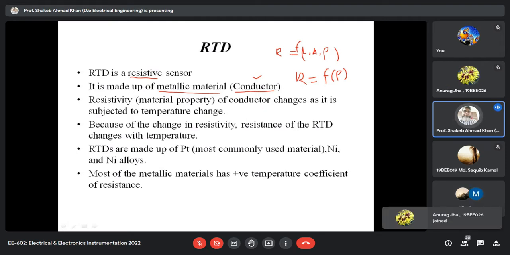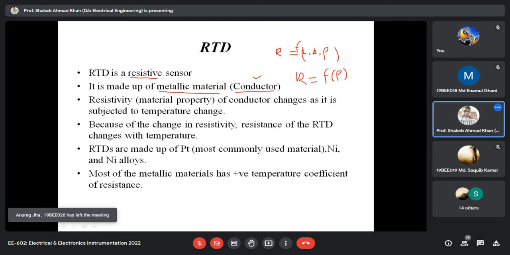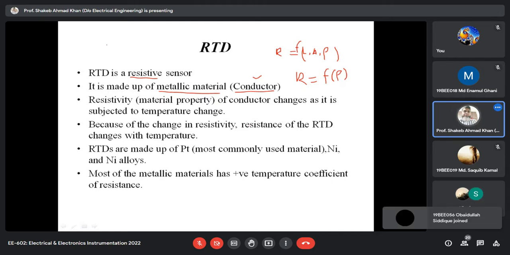This is the property of the material, the way the material creator has created it to behave. So this property of the conductor is exploited to measure the temperature. And because of the change in resistivity, the resistance of the RTD changes.